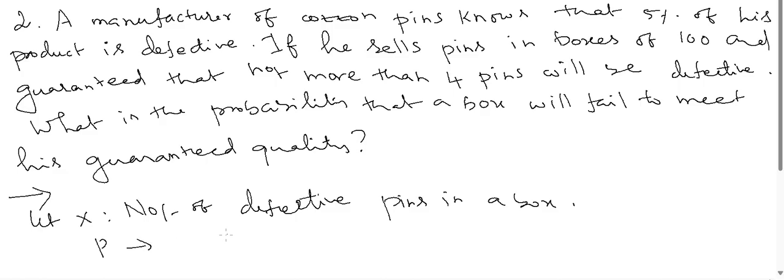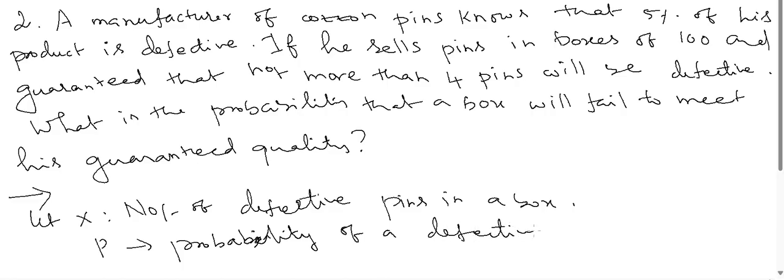P is the probability of a defective pin. So what is P here?